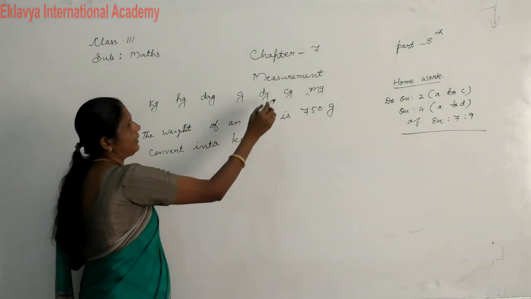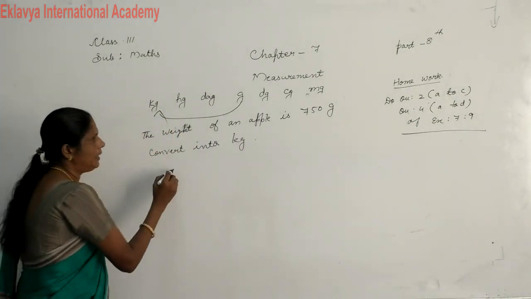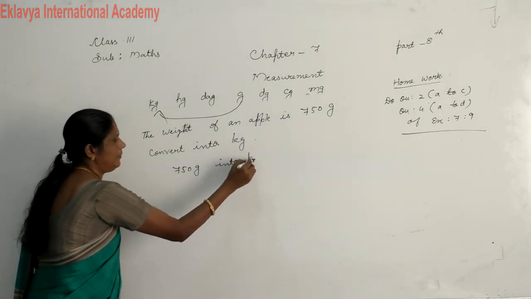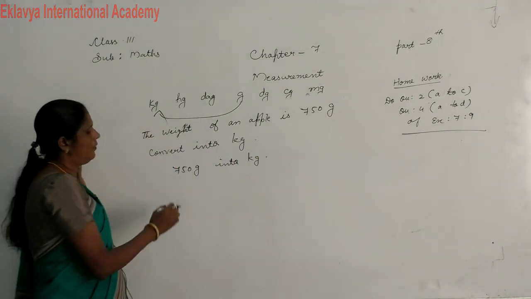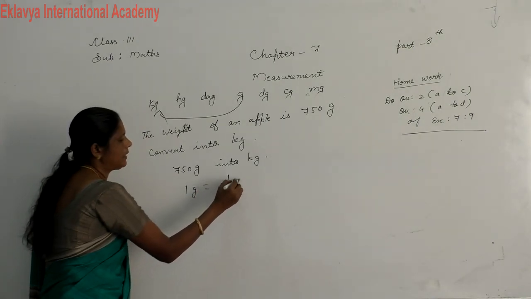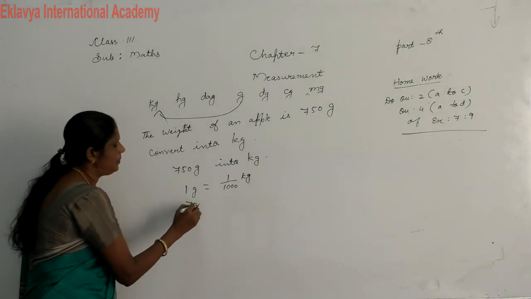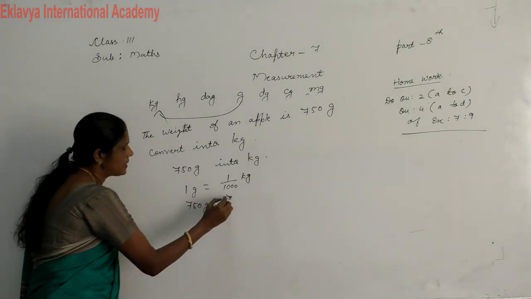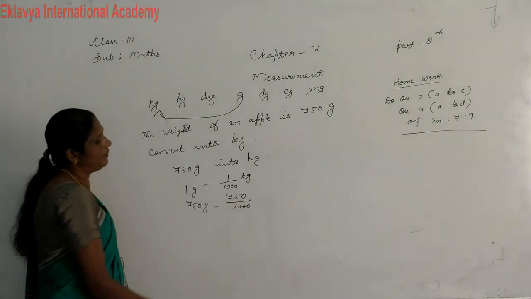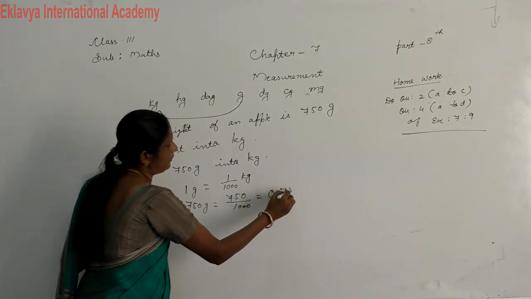First, here gram, here kg, here we divide by 1000. Now 1 gram is equal to 1 by 1000 kg. We have how many gram? 750 gram is equal to 750 upon 1000. Then we remove 3 digits. What is your answer? 0.750 kg.